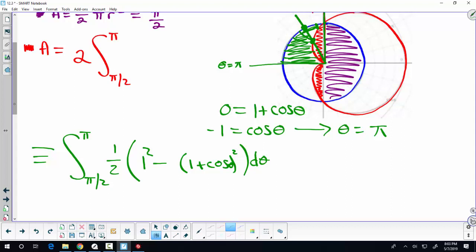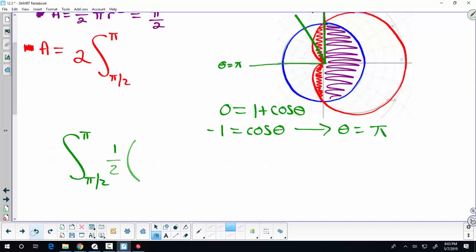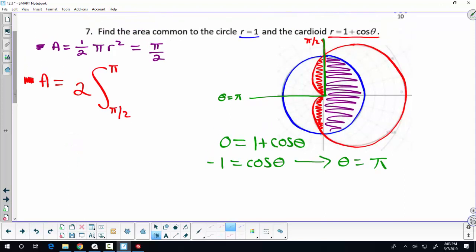So is everyone cool with that? I'm going to get rid of all of this. So we've established the bounds on the top half of our red area.